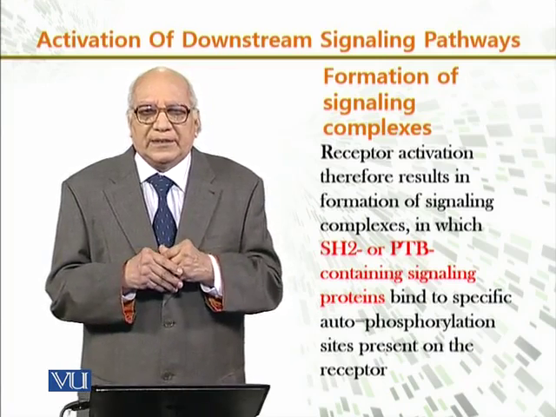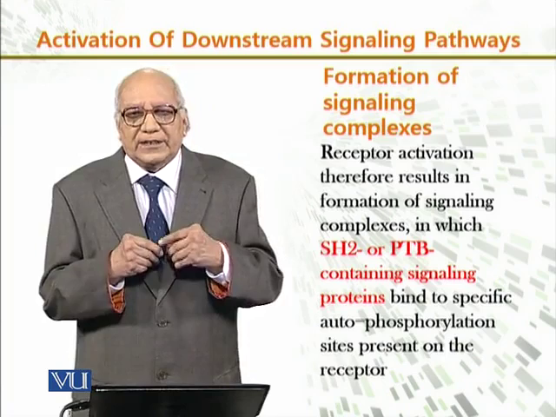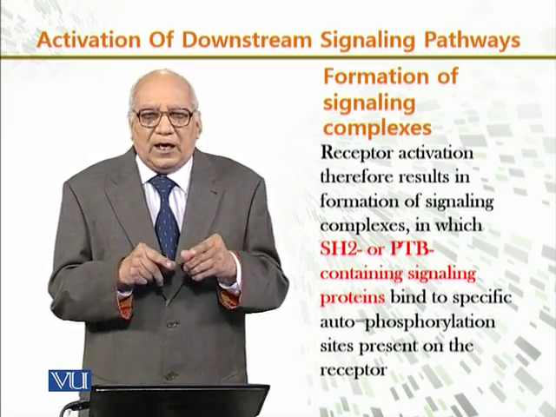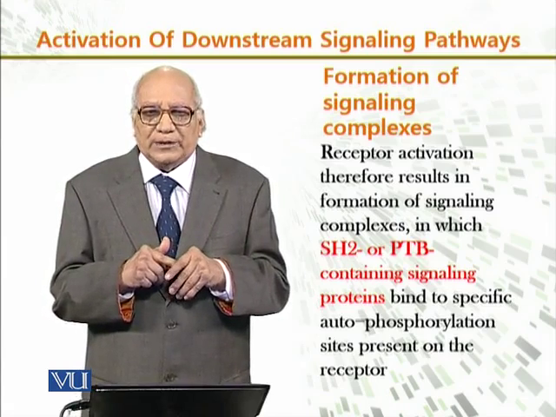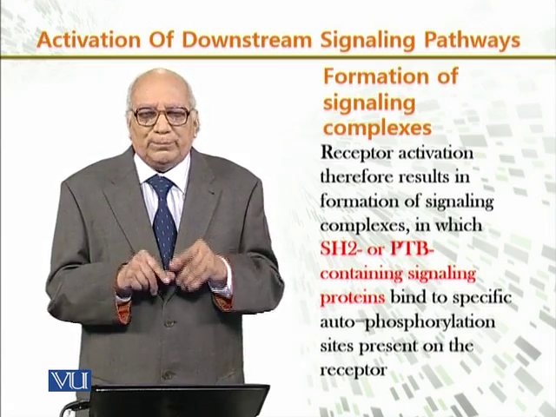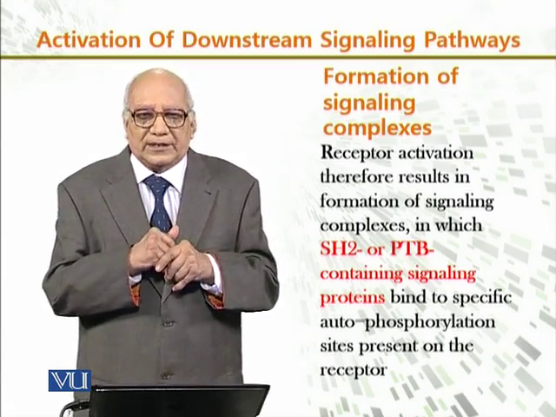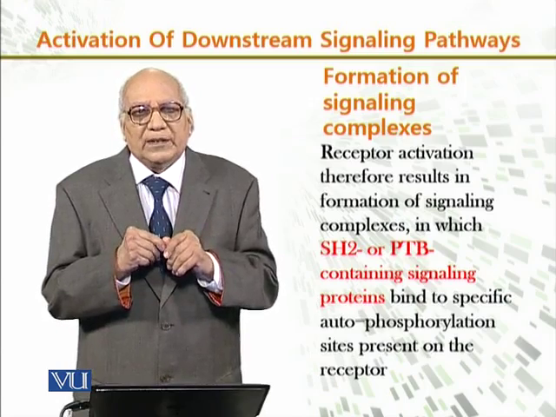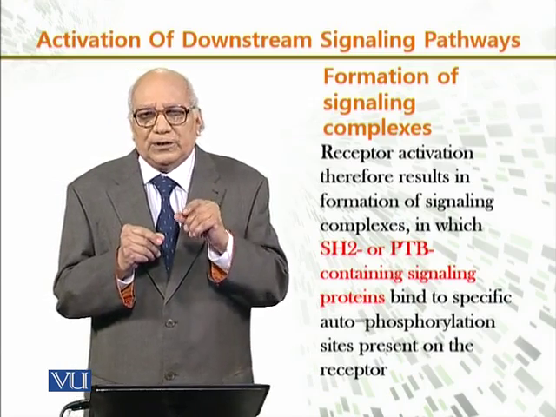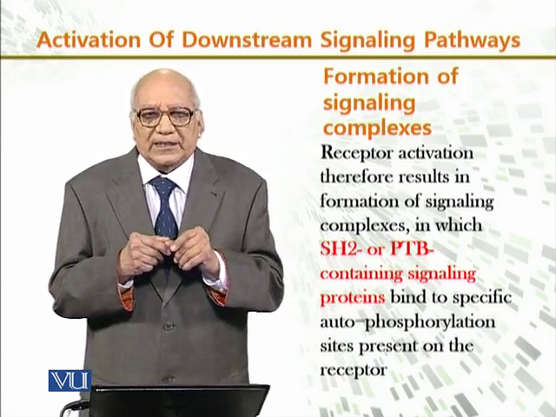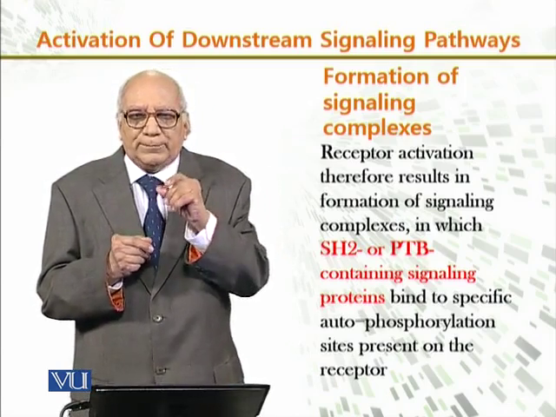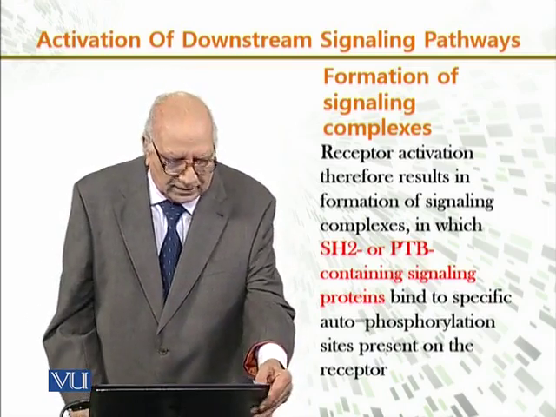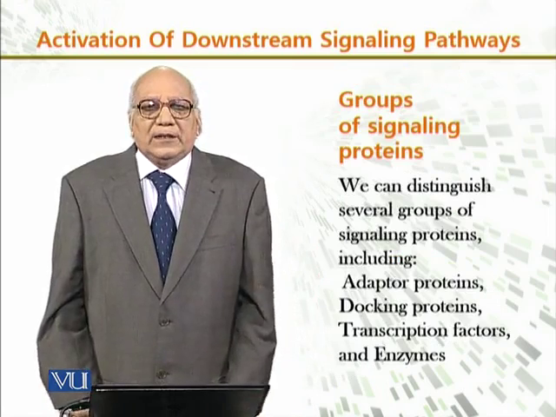Receptor activation results in the formation of signaling complexes in which SH2 or PTB containing signaling proteins bind to specific autophosphorylation sites present on the receptor. It is very important that we remember these two domains, SH2 and PTB, which have certain conformations.